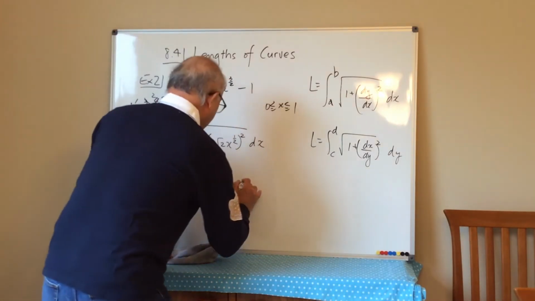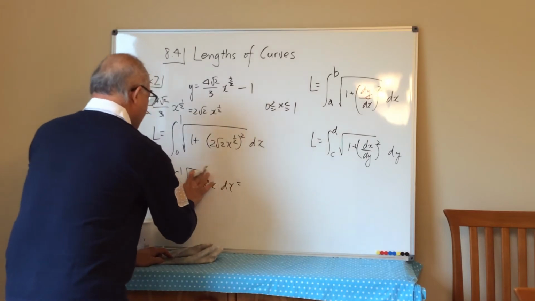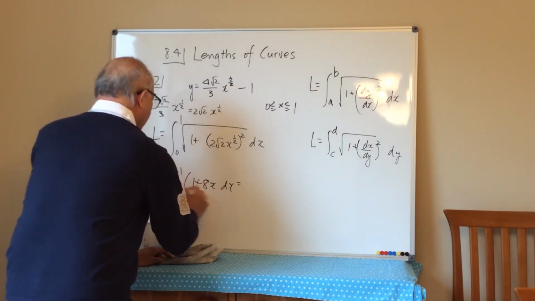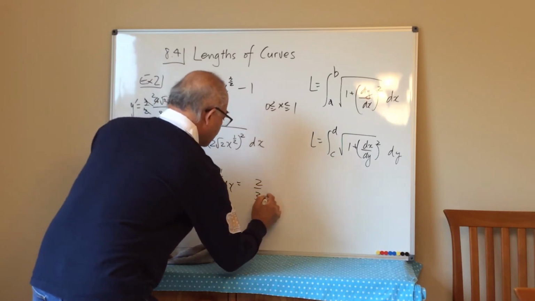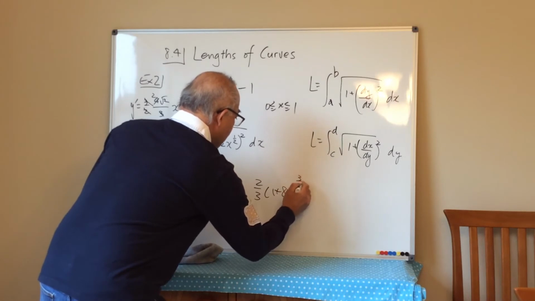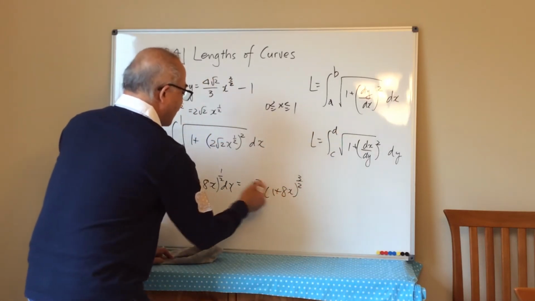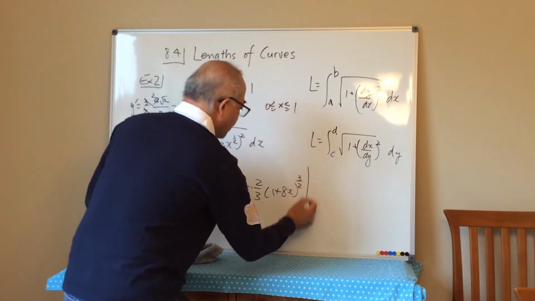This would be, since the root is a power of 1/2, 3 over 2: (1 plus 8x) to the 3 over 2. Then I have to divide it by 8 because of the chain rule, going from 0 to 1.